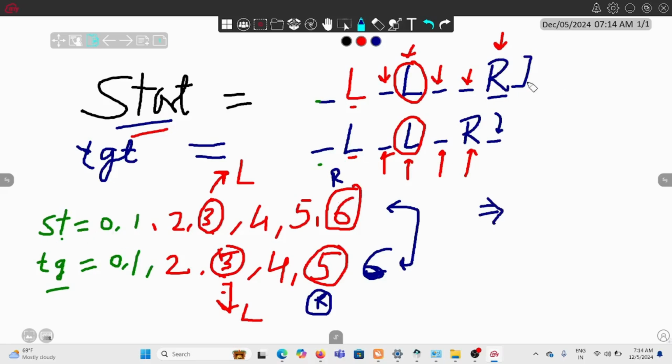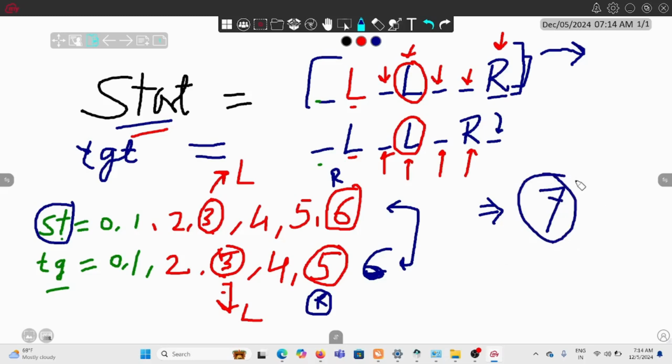When we keep on going, we keep on increasing, right? At the end it would stop, because our length is only up to 7, right? So total length is 7, so it would stop. So the final value of this index would be 7 at the time of stoppage, right? And similarly, at any time if the index of this one is 7, that means the other one should also be finished, correct?